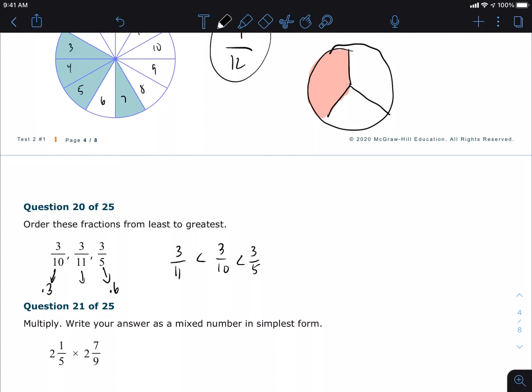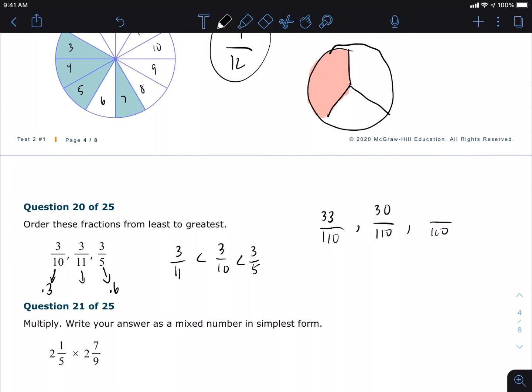Okay. So then if you want to find the common denominator, in this case, I think it's 110. So then 3/10 I multiplied by 11, so that would be 33. This would be 30. And then the 5 would be what?